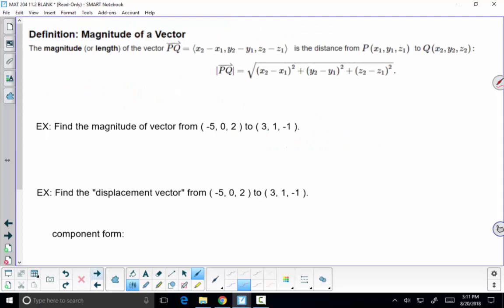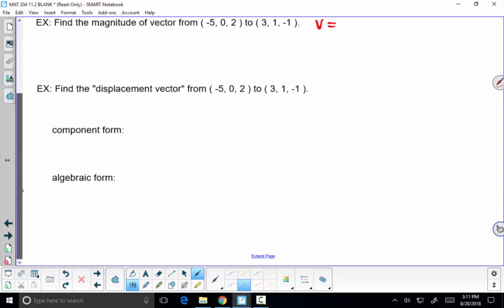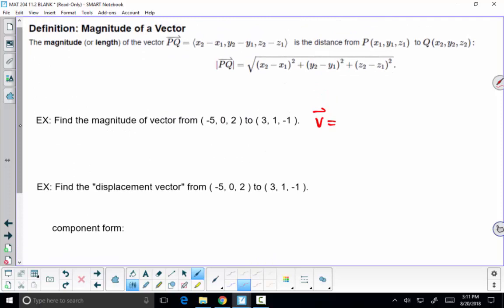All right. Magnitude of the vector from point to point. Not too bad. First, let's do the displacement vector. We don't have a ton of time, so let's go through these ones. So what's the first component of this vector? 3 minus negative 5 is 3 plus 5, so that's 8.